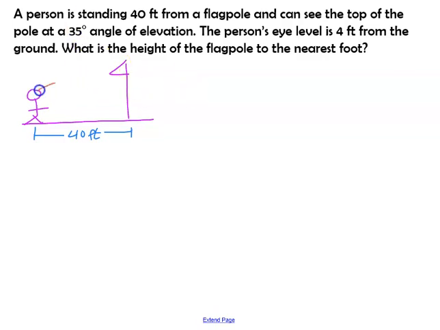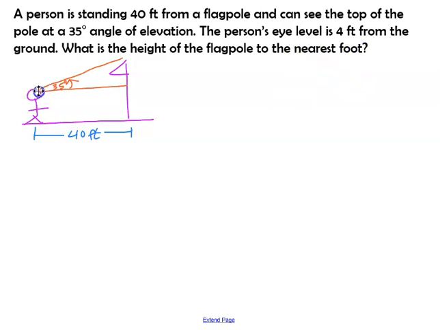The person is going to be looking at the top of the flagpole, but the angle of elevation always starts out horizontal. So from that horizontal view, we go upwards to get that angle of elevation to the top of the flagpole, and this is going to be our 35-degree angle. Then it tells us that the person's eye level is 4 feet from the ground.